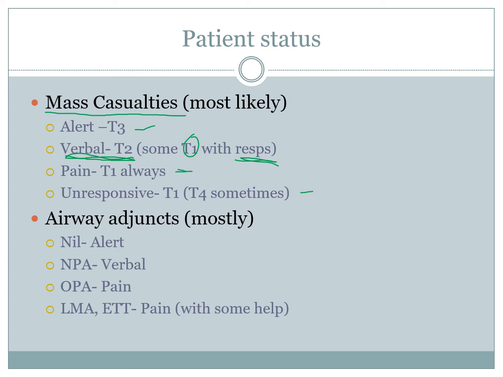Okay, when you're dealing with airway adjuncts, obviously the lower the consciousness, the more advanced the airway adjuncts you can put in someone. So alert people, they don't need airway adjuncts. Your verbal people, pain in the arse, GCS, high end of pain, maybe you can work with an NPA. Try an OPA by all means, but chances are they're going to be able to tolerate that NPA.